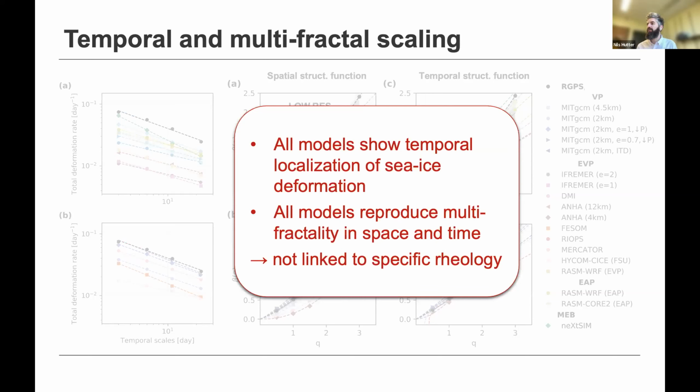And before, those quantities were often linked to specific characteristics of the rheology that basically would be required to reproduce those. But the agreement of all the models in those statistics might point to other sources, whether it's forcing or internal to sea ice, that might lead to the emergence of those statistics.